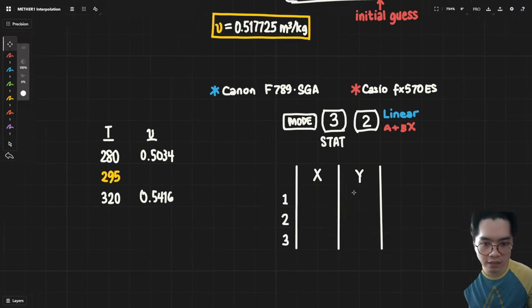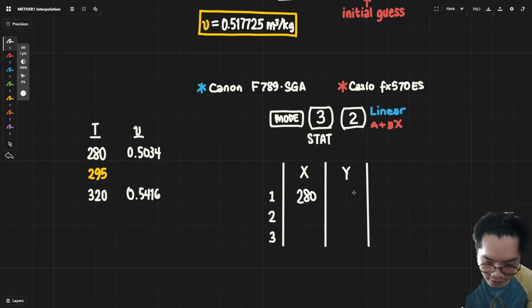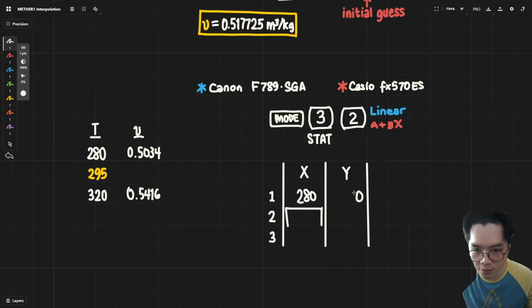0.5416. What you will now do is, for the first one, you will type in this value, 280. Once you type in 280, you will press equals. It will now go and fill out this thing with 0, and then it will have this one highlighted next.